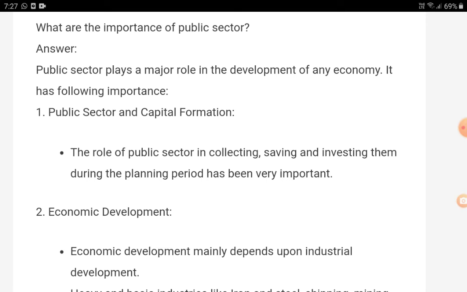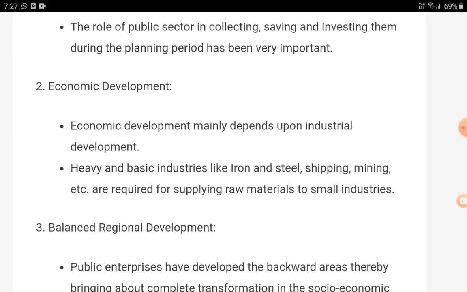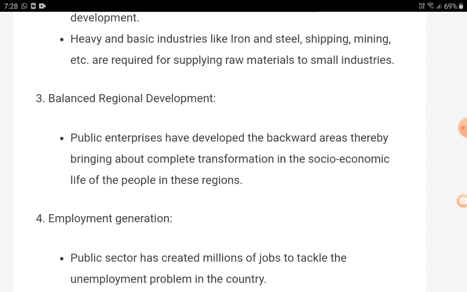Next, economic development. Economic development mainly depends upon industrial development. Heavy and basic industries like iron and steel, shipping, mining, etc. are required for supplying raw materials to the small industries. Next, balanced regional development.